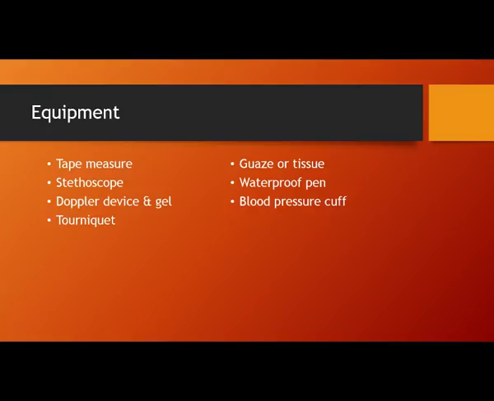And sometimes beyond your assessment, the physician will order what's called Doppler studies, flow studies, where a technician does studies on the arteries and veins and detects flow. Then a tourniquet, gauze or tissue, waterproof pen, and blood pressure cuff.